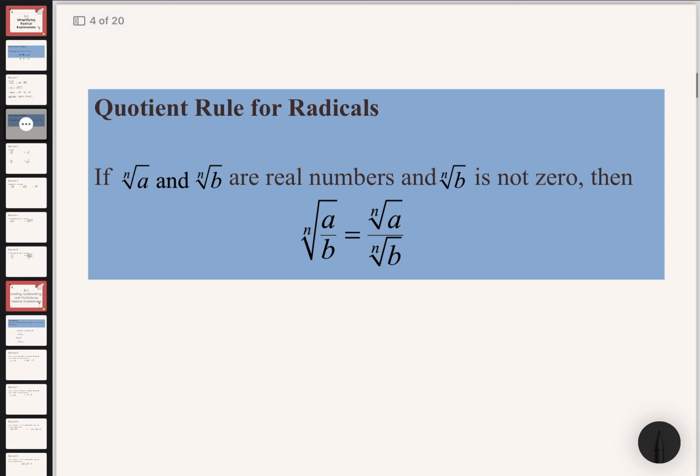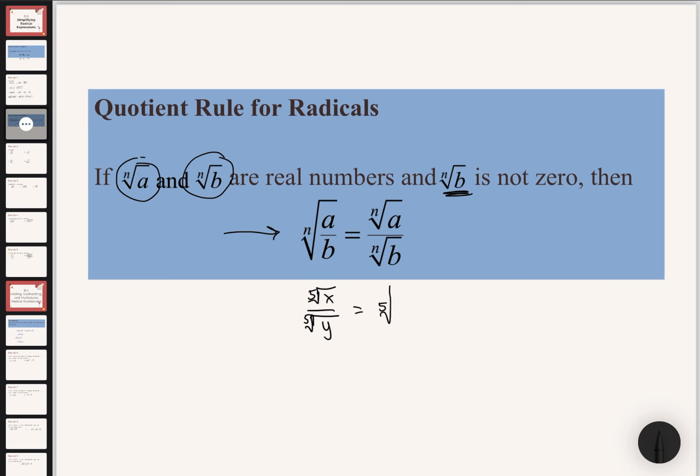So we have a product rule saying if I have 2 roots that have the same n value and they're real numbers, I can multiply them similarly. If these are both real numbers and if this is not going to be 0, then I'm allowed to use this rule right here. And you can use this in either direction. I could have the 5th root of x over the 5th root of y.